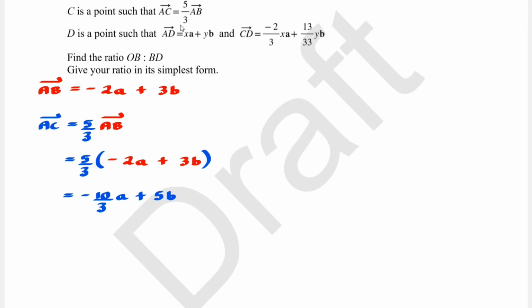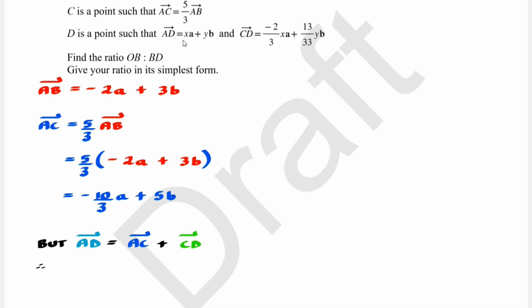Now, if I think about the point D and the vectors AD and CD and how they relate, well, I can go from A to D by going from A to C and then C to D. Now I know what the vector AD is.